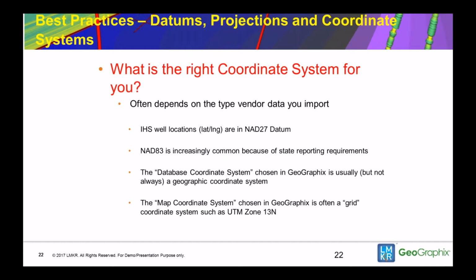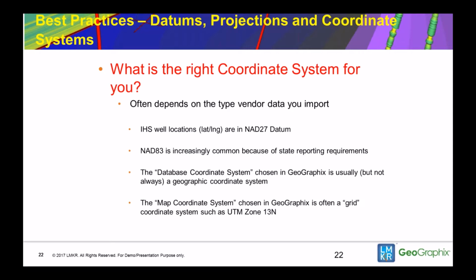However, NAD 83, and sometimes outside of North America WGS 84, is becoming increasingly common, because state reporting requirements, or provincial reporting requirements, excuse me, or federal reporting requirements increasingly demand that all of your latitudes and longitudes be in NAD 83 or one of the newer whole Earth coordinate systems. This is because it's just more accurate, right?